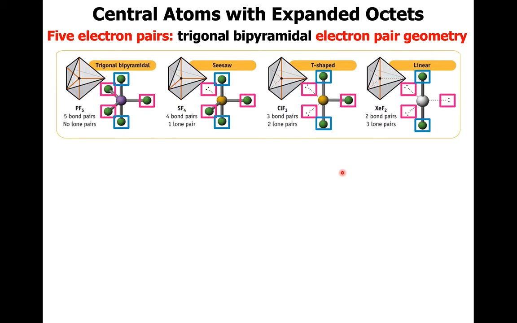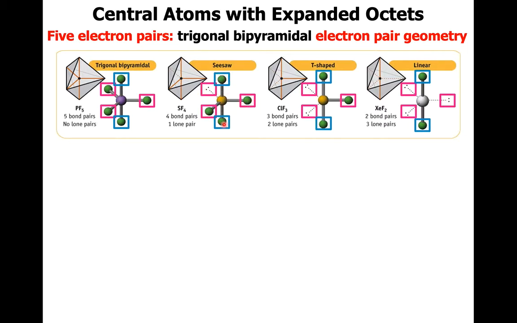All right, 5 electron pairs. Now we're taking the trigonal bipyramid and going through and replacing bonding pairs with lone pairs. This is all bonding pairs, PF5. Now when we go to SF4, it's 4 bond pairs, 1 lone pair. As promised, the lone pair goes into an equatorial site.